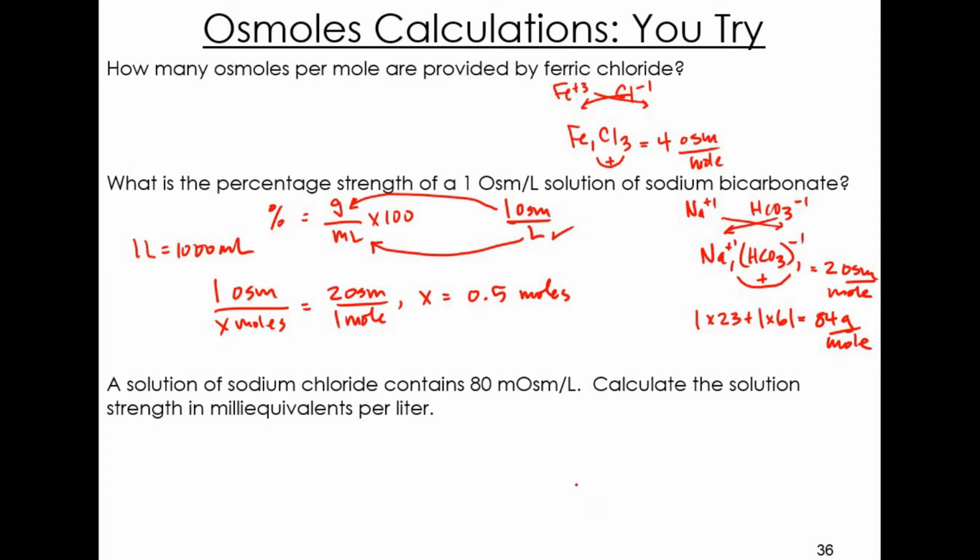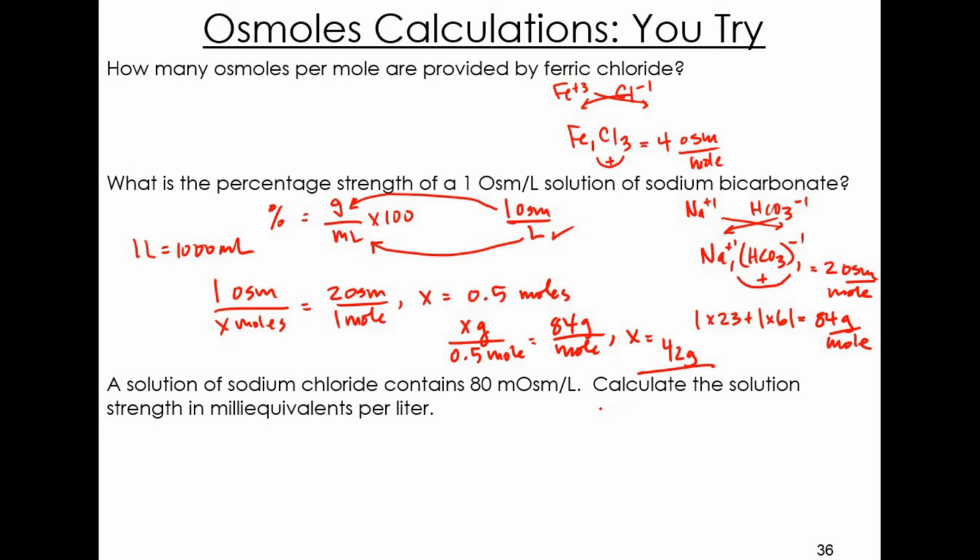Okay, and then the next step was to take the 0.5 moles and see how many grams that is. So 0.5 moles is x grams to 84 grams per mole. And so x here is 42 grams.